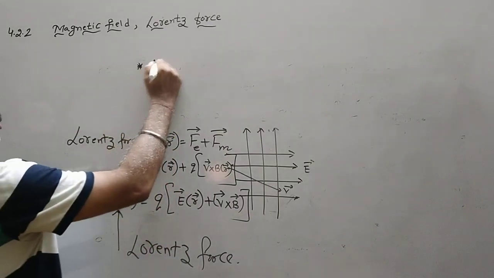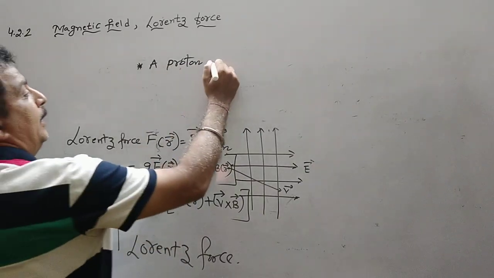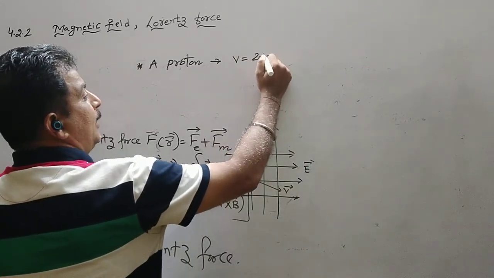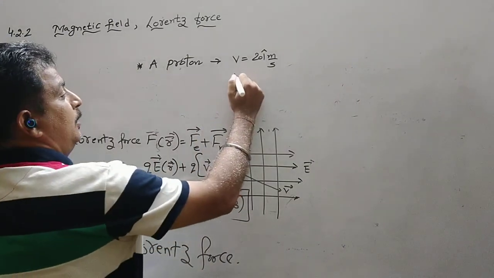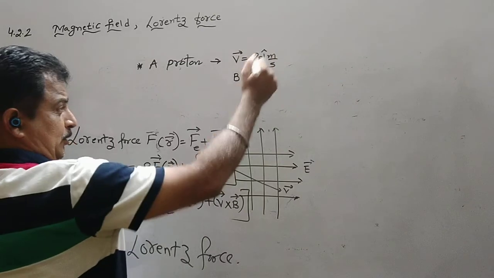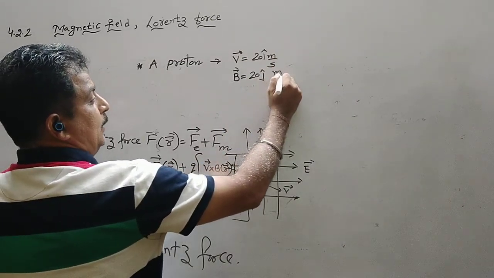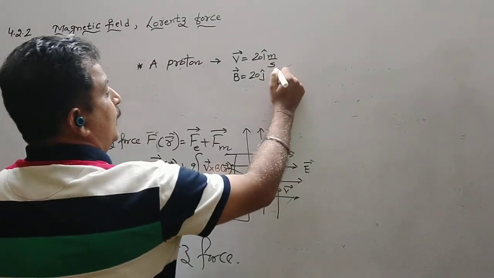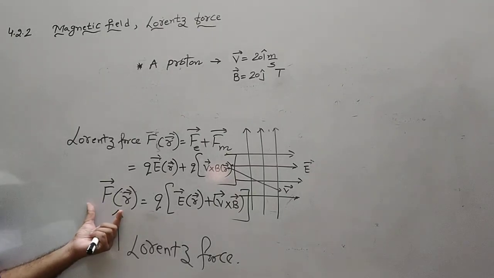Suppose a proton, we take as an example a proton, having speed equal to 20 meter per second, and let us say the direction is i, so v vector is 20 i, and the B vector is 20 j Tesla, and the resultant force, that is the Lorentz force, is given.